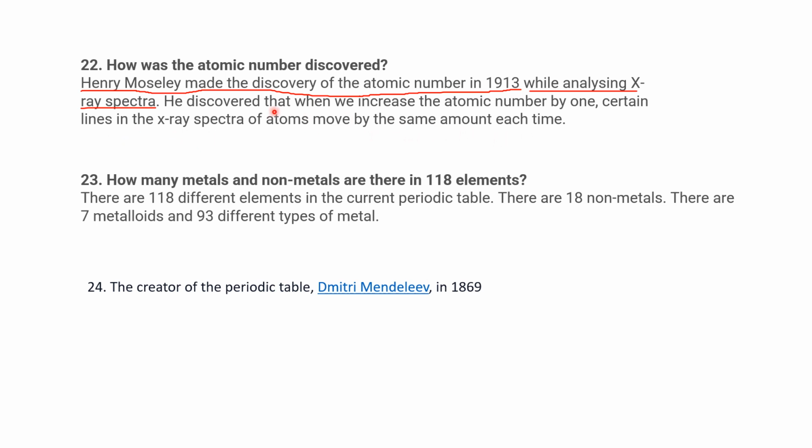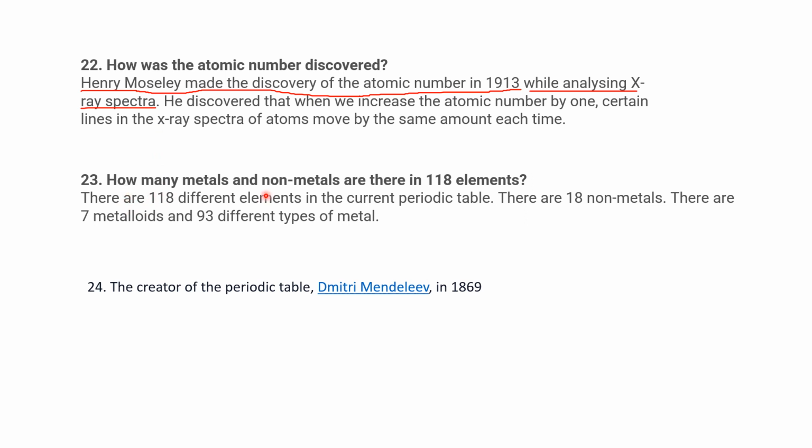So in this way he found out the atomic number, in the year 1913. Who found it? Henry Moseley, from the X-ray spectra.